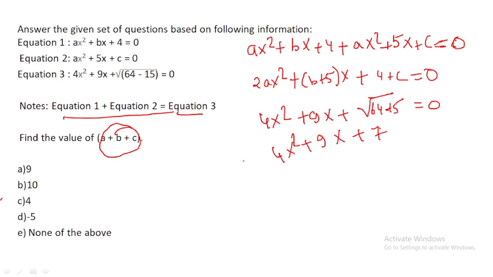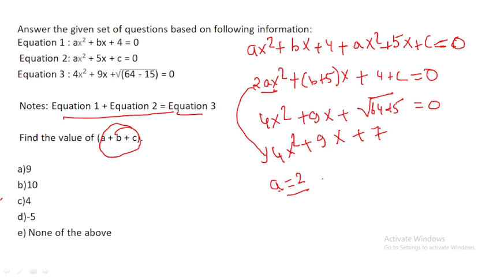Now we will compare the values place to place: the terms with x square, then with x, then the rest, right? So first we will compare the values with x square. 2a equal to 4. So the value of a will be 2 then. 2a equal to 4, so a equals 4 by 2.